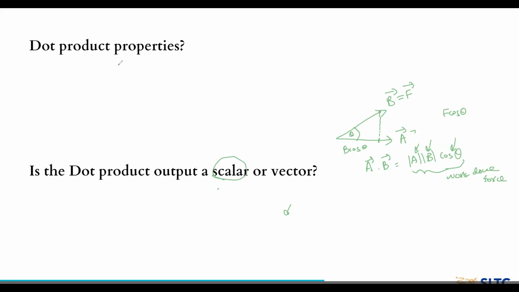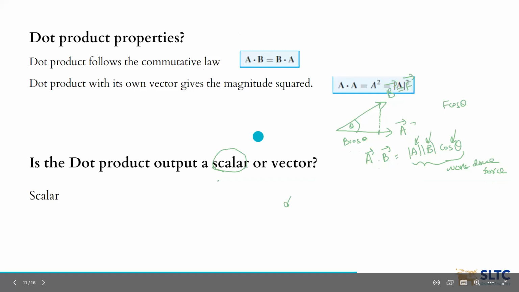And then the dot product properties, right? We actually have multiple properties, but we can consider two in here. As I mentioned before, the dot product follows the commutative law. Once we change the order of the vectors, it does not change the output of the product.